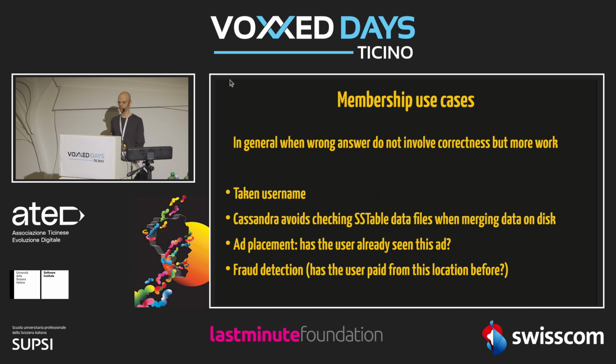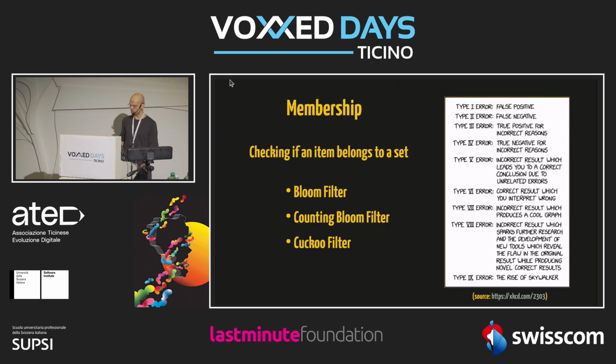This is another piece of information that relates to membership, as well as fraud detection. Has the same user paid from another location? These are pieces of information used for fraud detection and can be efficiently managed by probabilistic data structures.